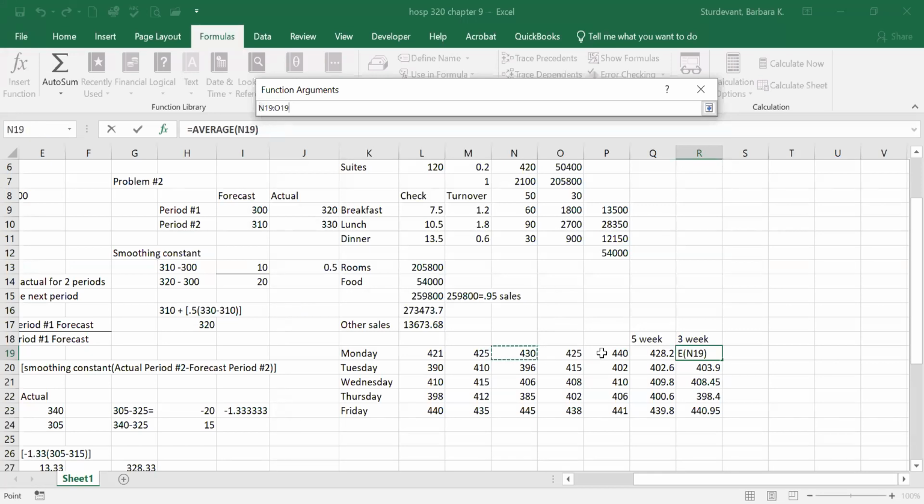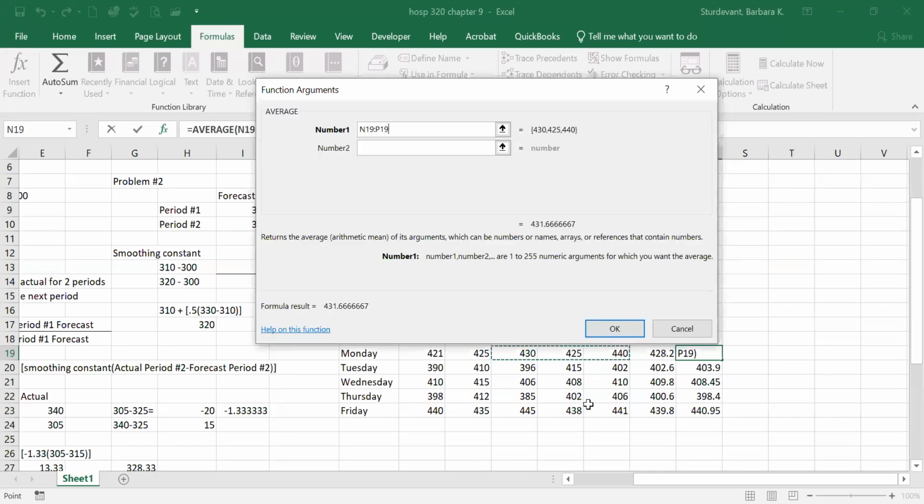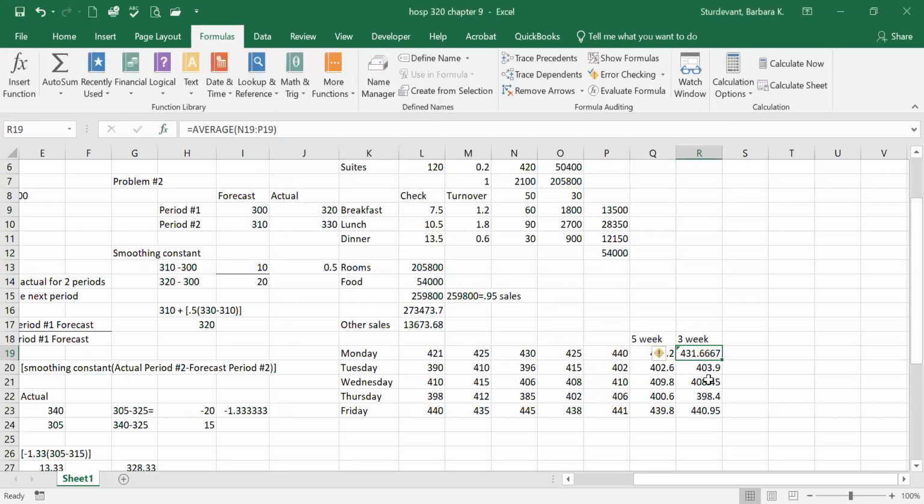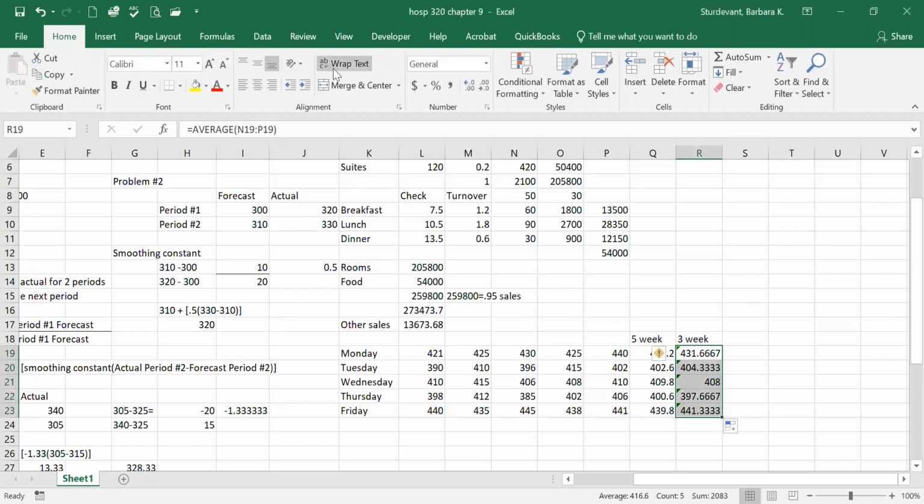I think it might have picked up my answer. You included the average. Yeah, that's exactly what I did. There we go. All right, so let me get rid of those decimals. So moving average is simply that, moving average. Questions on that?